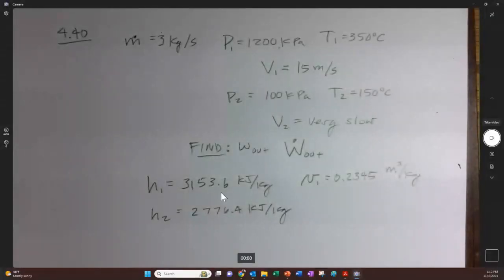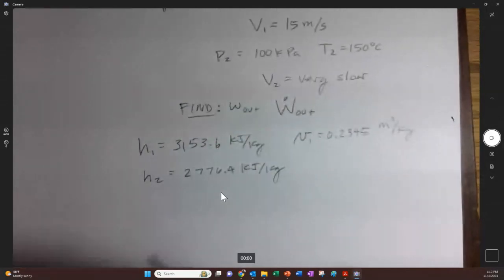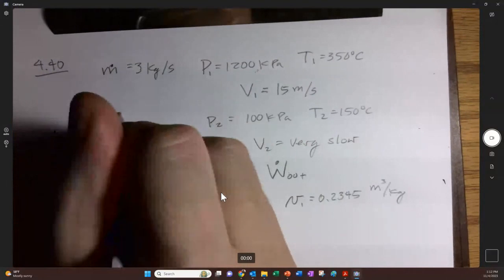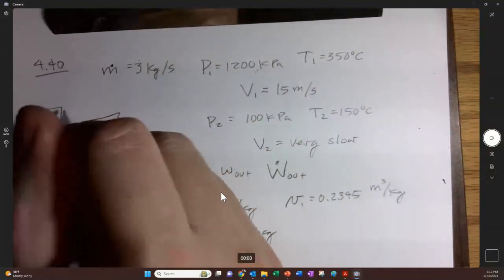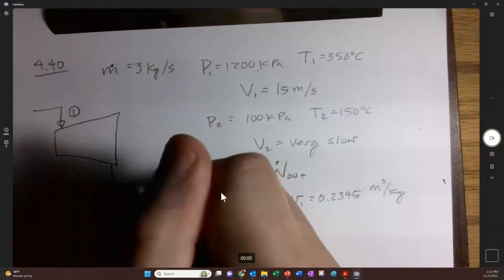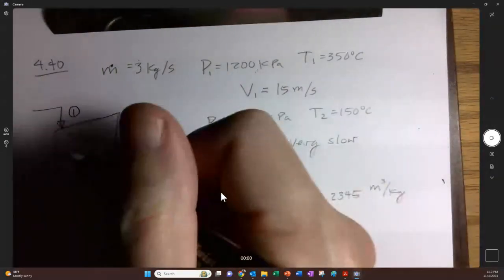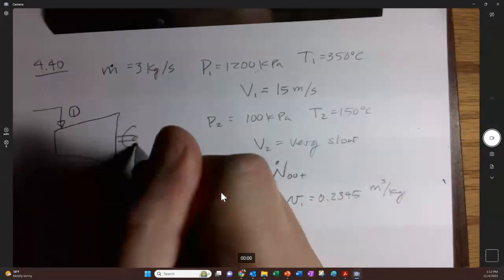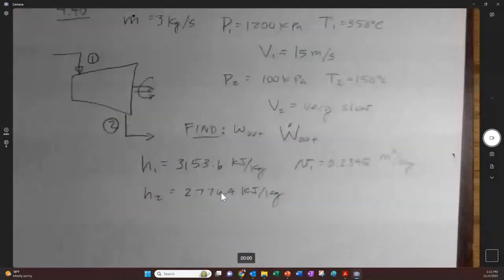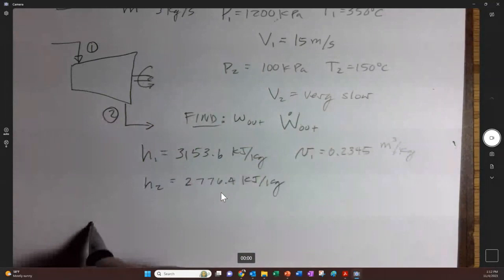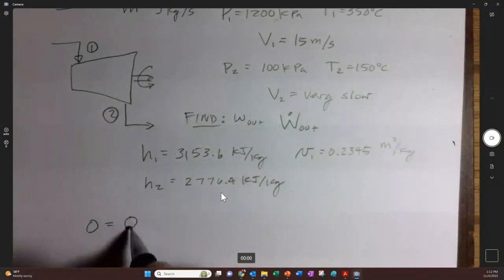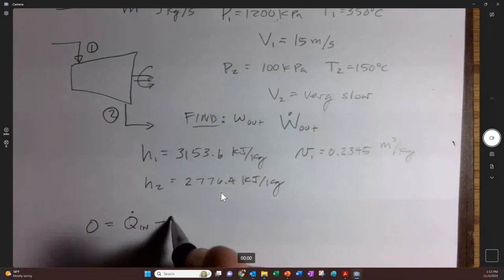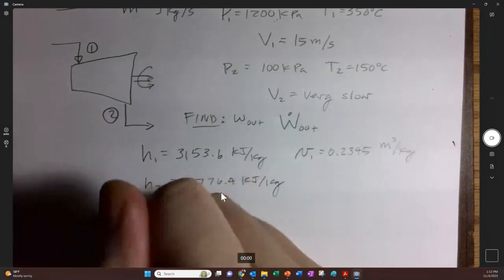Okay, so what we want to do is write down our first law, which might make us feel comfortable. It would for me, at least. I'm a visual learner, so it really helps me to picture these things as I'm coming through here. So we have our work out right there. I can make an association as a visual learner that this corresponds to heat, and I'll write this as q in, minus work out.